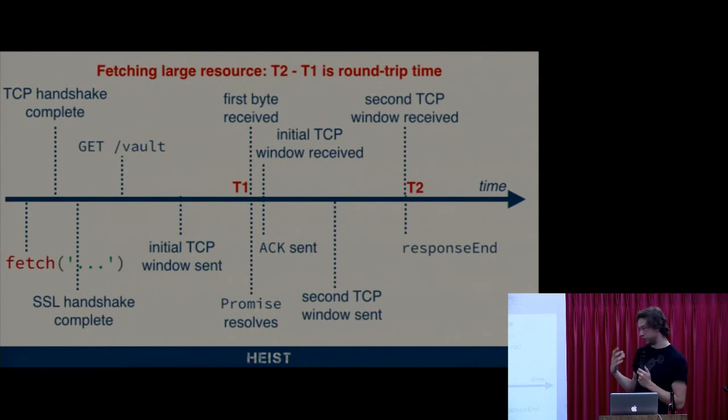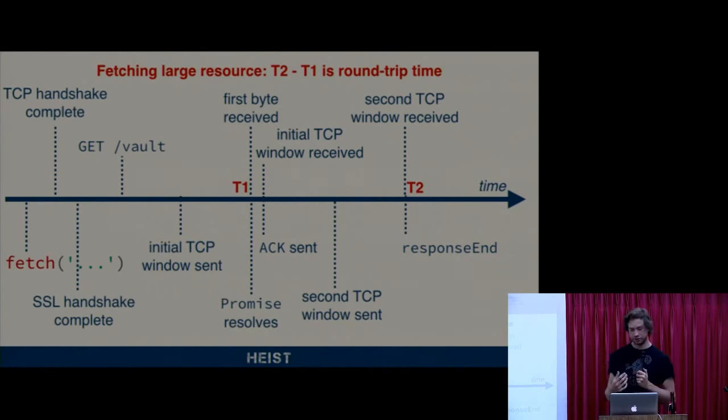Now, when the resource does not fit into a single TCP window, the first part still looks the same, except where there was T2, there's now the initial TCP window received, but not the complete response has been received yet. So at that point, Mr. Sniffles will send acknowledgements, well, TCP ACKs, to Bunnybank. And upon receiving these acknowledgements, Bunnybank will send the second TCP window.